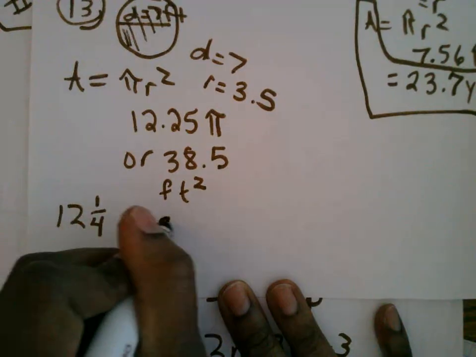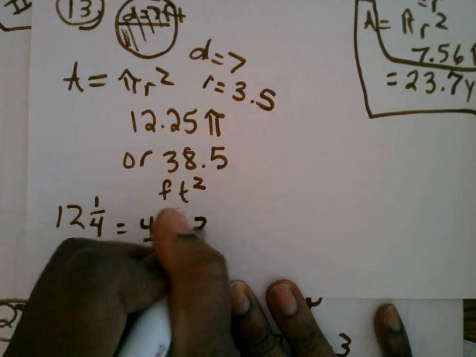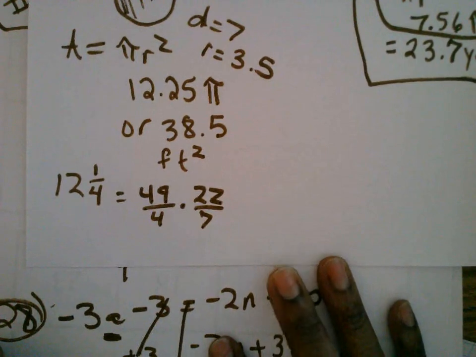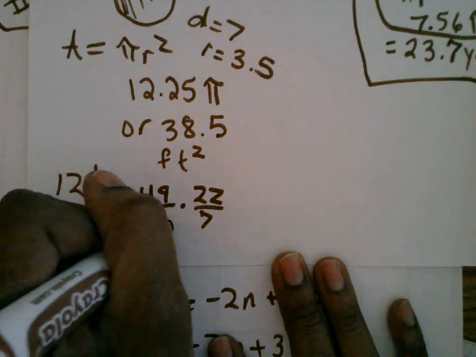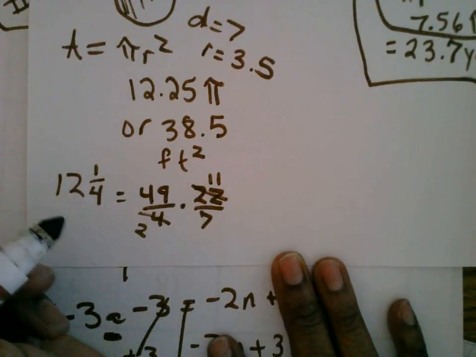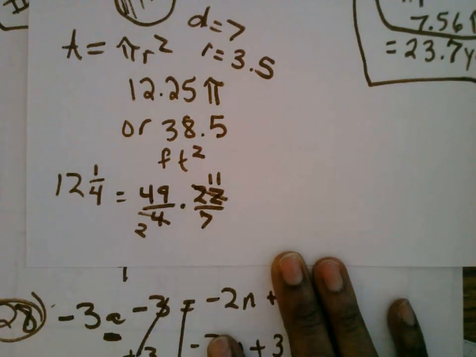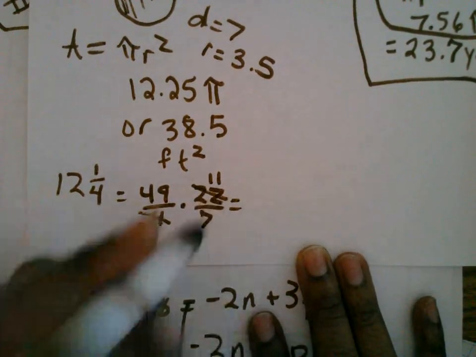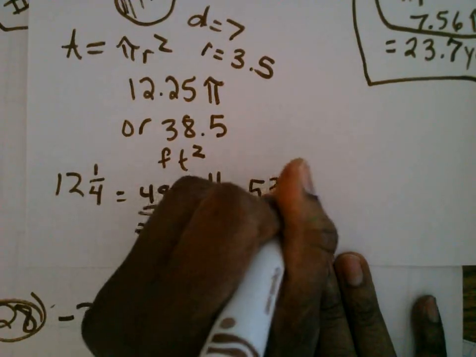So we have 49 fourths that we're going to multiply by 22 over 7. I'm going to cancel these and make it 11 and 2, so I won't have to reduce too much at the end. 49 times 11 is over what?